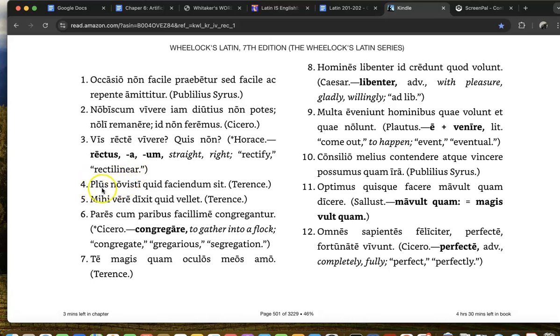Number 4, plus novisti quid faciendum sit. Plus means more. I mean, even in basic arithmetic, that's actually the word comes from Latin. So here we have isti.